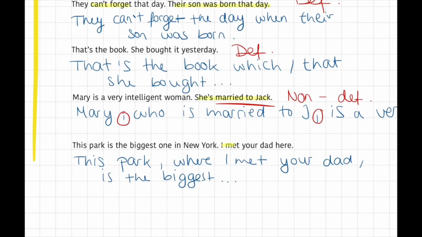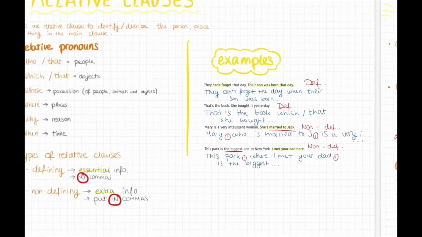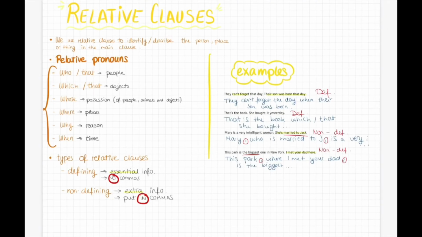Okay, so I met your dad here is extra information. It's not related to the sentence that this is the biggest one in New York. It has nothing to do with it. And also, we are using commas. So again, it's a non-defining clause. Okay, so this is all about the relative clauses.